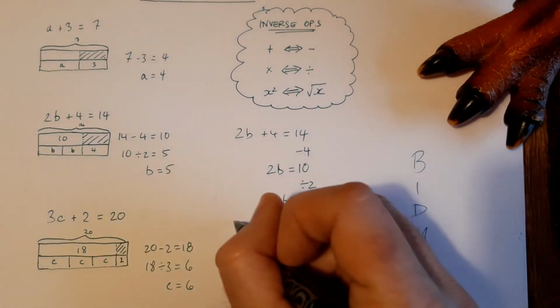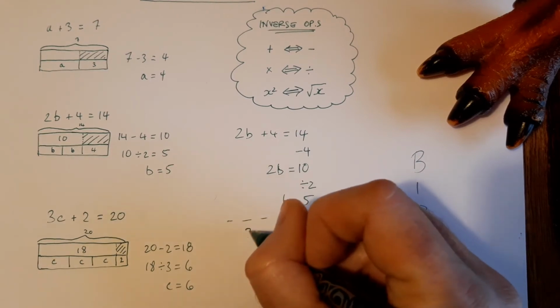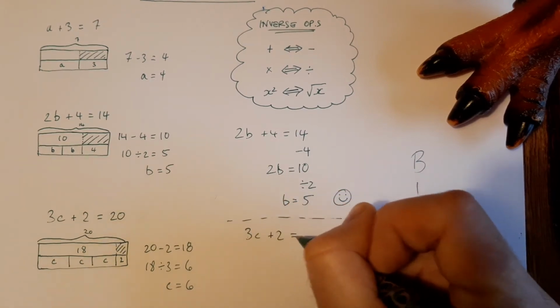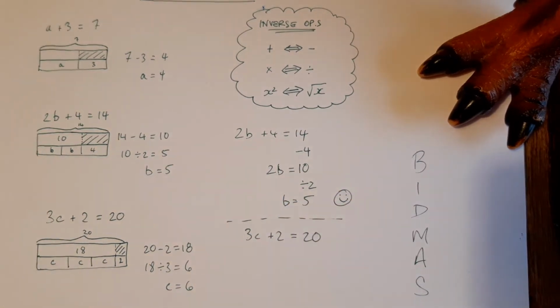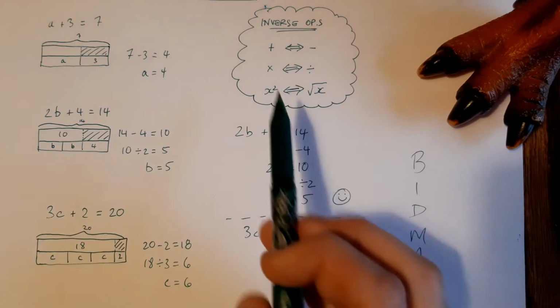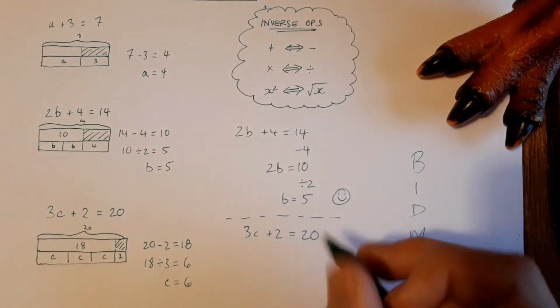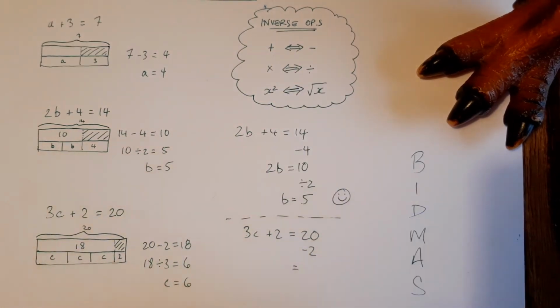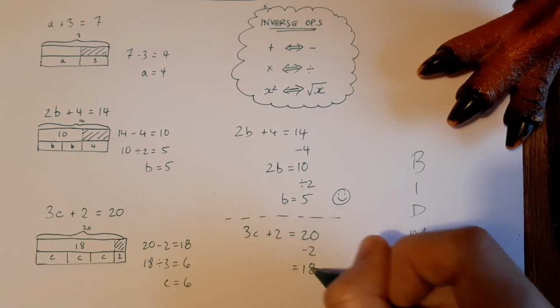Try this one: 3c plus 2 equals 20, shown as a reverse operation. We start with 20, going backwards. Instead of plus 2, we do the opposite of plus, the inverse, which is take 2. 20 take 2 gives us 18.